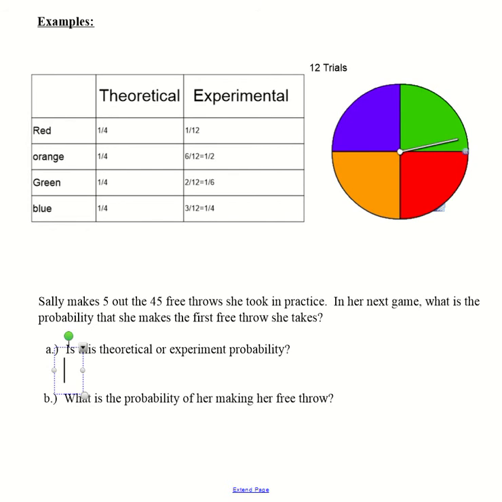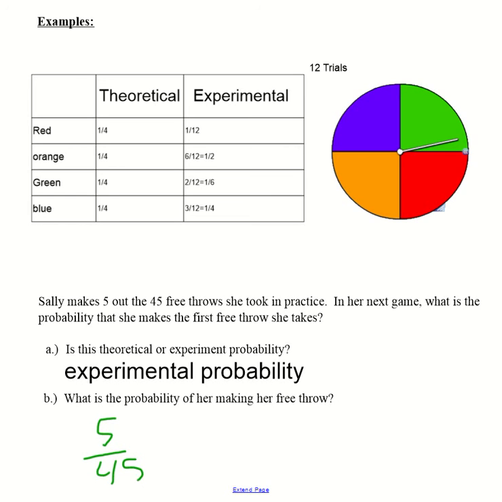So if it's based on what she did before, this is experimental probability. Okay, so what is the probability of her making her free throw? Well, if it's based on what she did before, we're going to use that. She got 5 out of 45, and so we simplify that fraction and we get 1/9. So the probability of her making her free throw is 1/9.